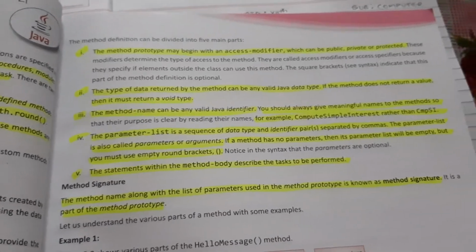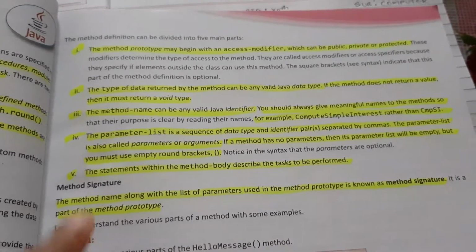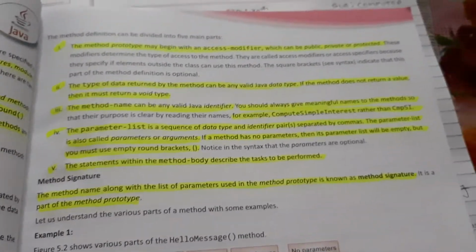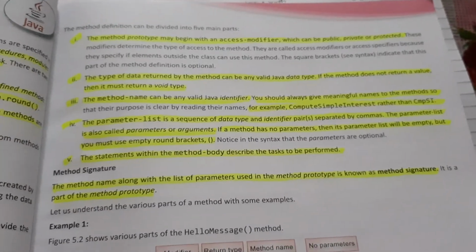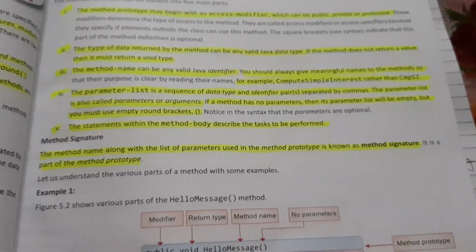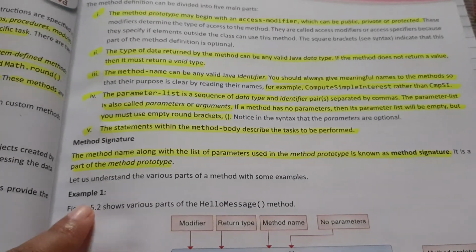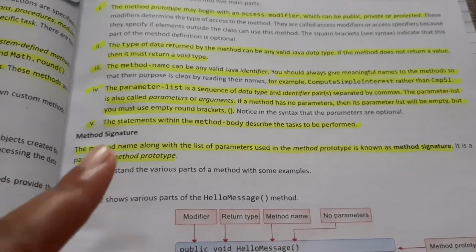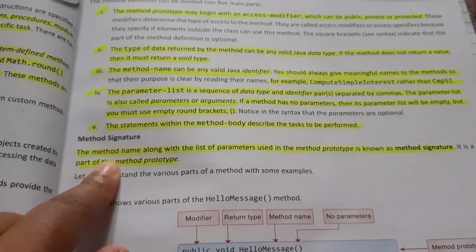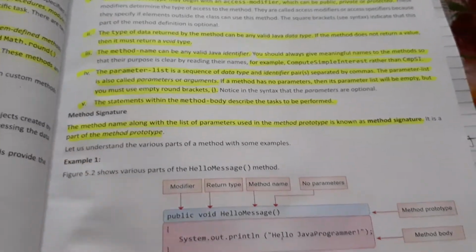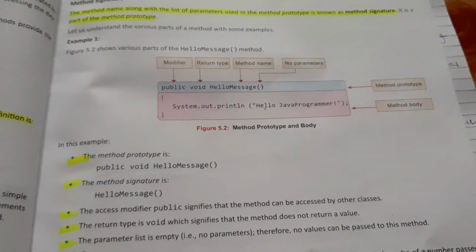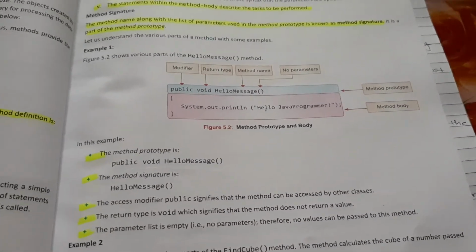I think I have made it clear what these examples mean. You can see the highlighter that is given, you can just go through that and relate it to the example. Okay, and please write down the differences between method signature and method prototype. The definition is here, please copy it down. I think you have understood what it means. So please note all these things down in your notebook.